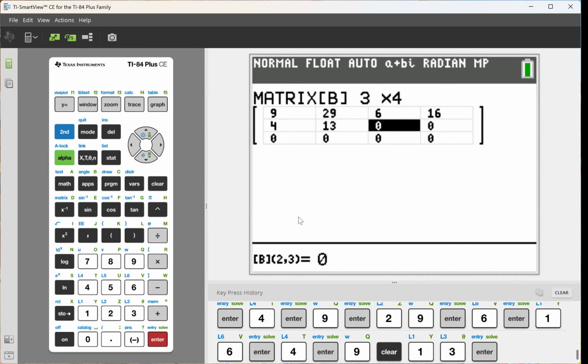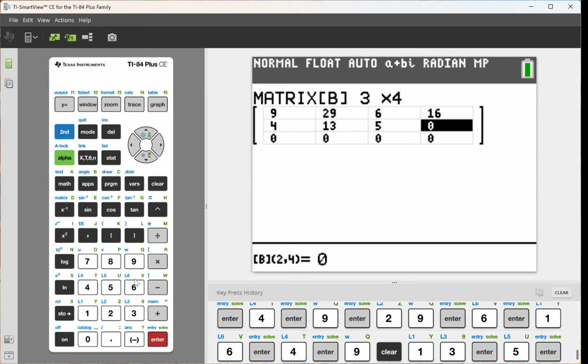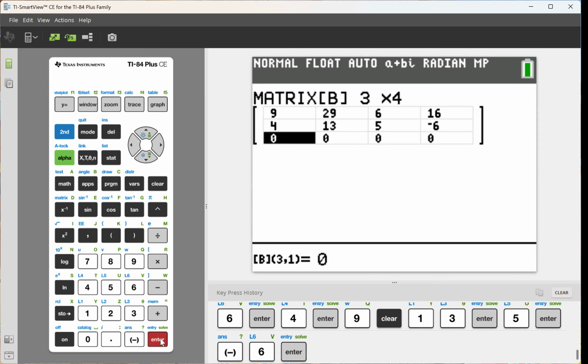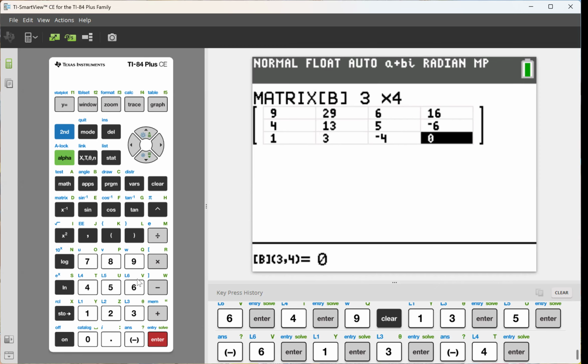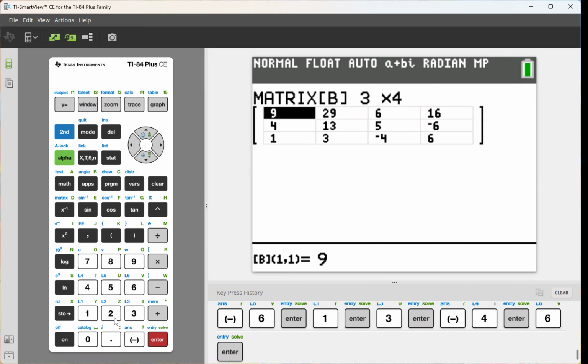If I make a mistake, there's no reason why I can't use my arrows on my calculator to move through the matrix, find my mistake and correct it. And then the last row is 1, 3, -4, and 6. All right, so let me check this.